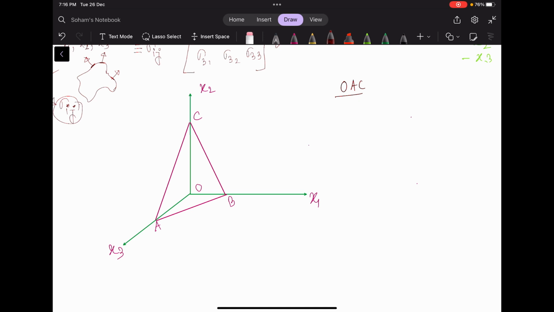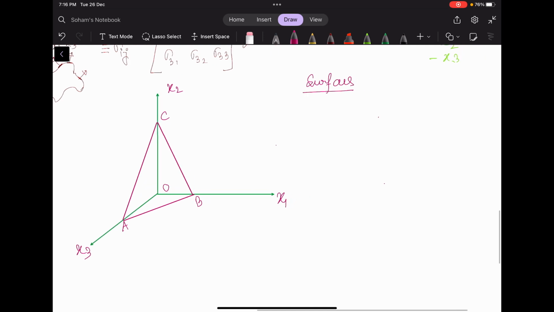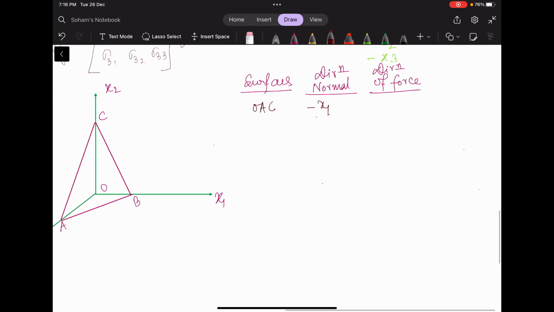The table will contain the surfaces, then the direction of normal, then the direction of force. So surface OAC: the direction of normal is along minus x1, and the direction of force, we are considering parallel to the x1 axis.